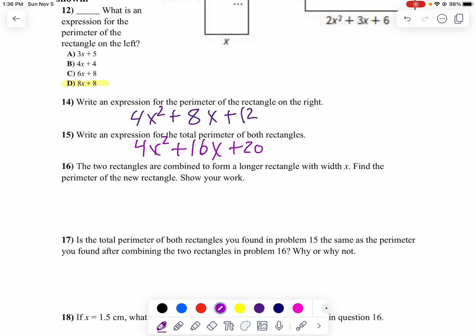Now, if I combine my two rectangles to form one big longer rectangle with a width of x, I want to find the perimeter of my new rectangle. Well, let's draw that out here so we can see it.